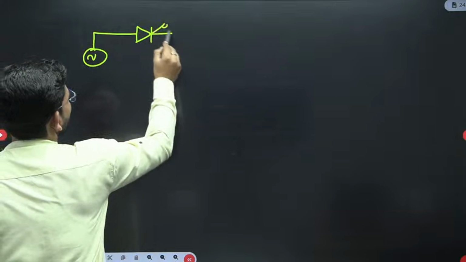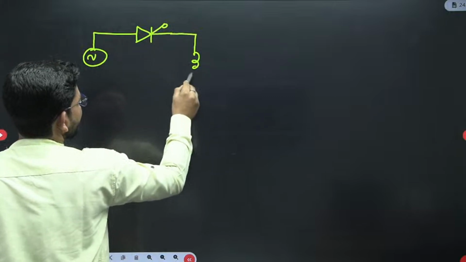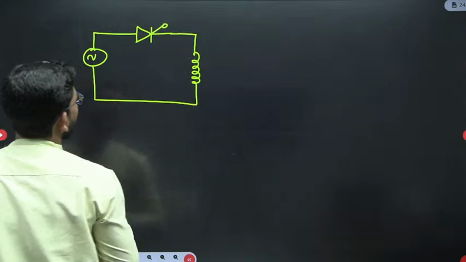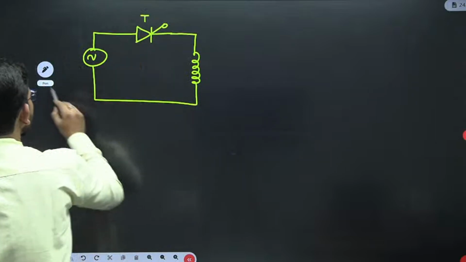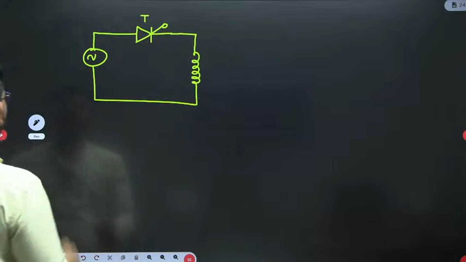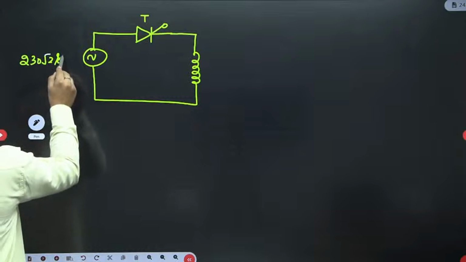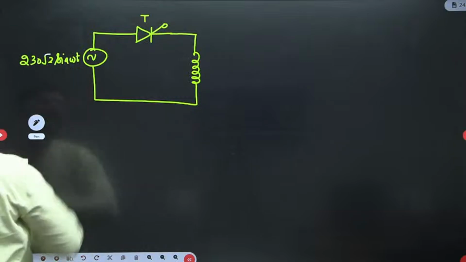An AC source is supplying an inductor through an SCR, right? This is the SCR given, and this AC source has a value of 230 root 2 sine omega t, correct?